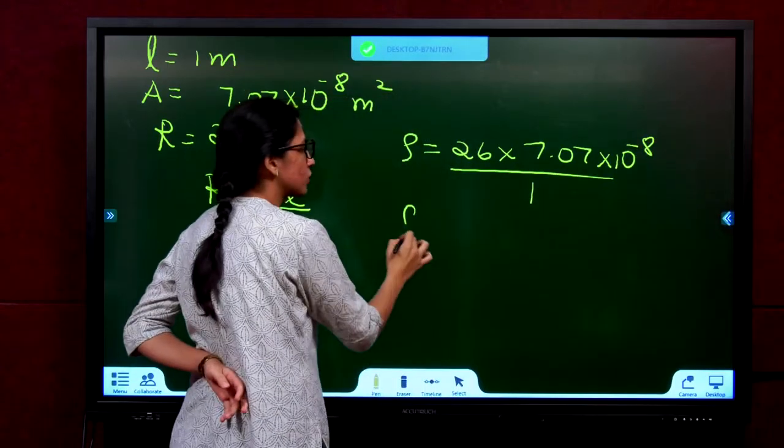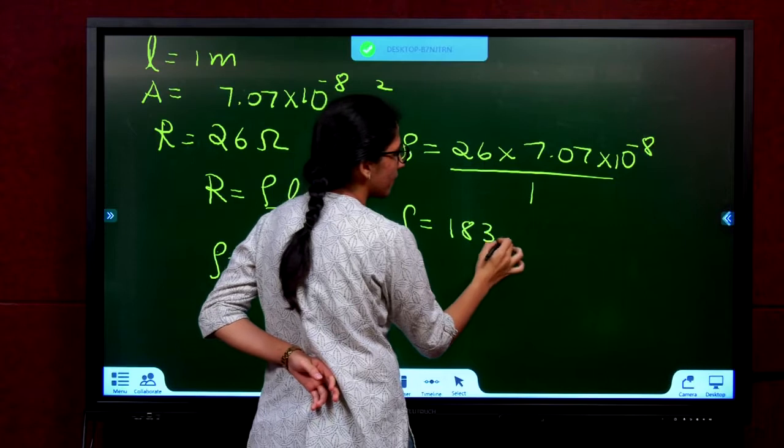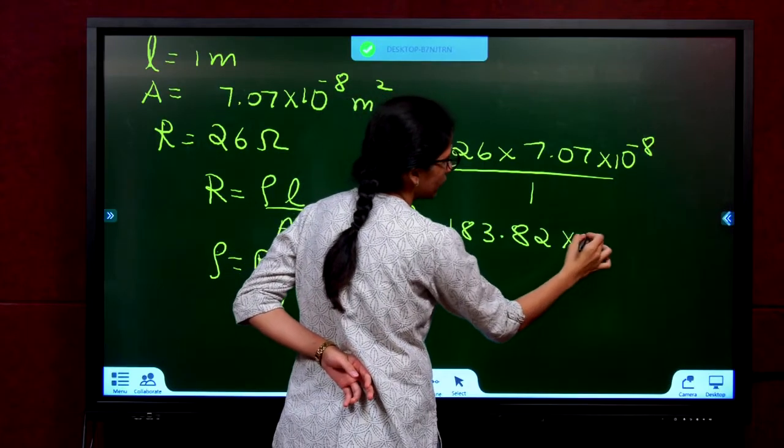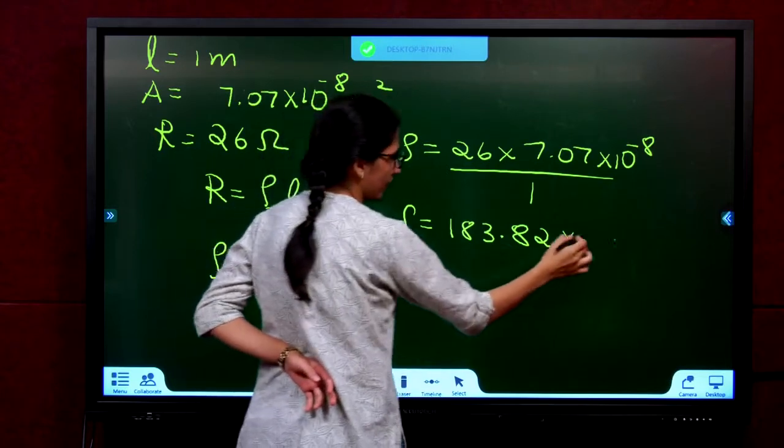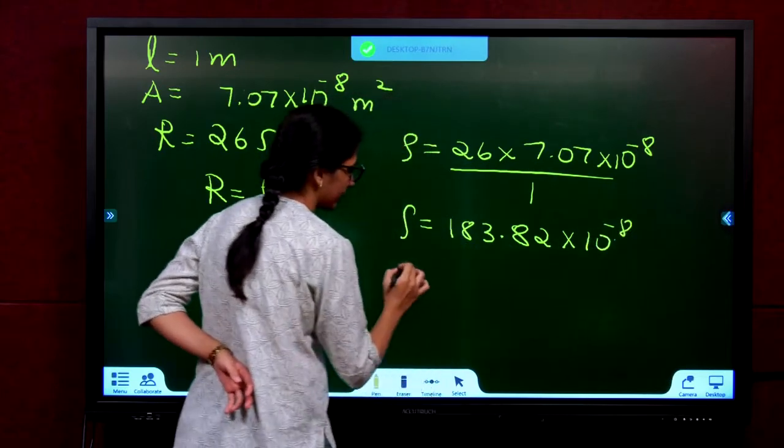If you multiply these two, you will get 183.82 into 10 power minus 8.